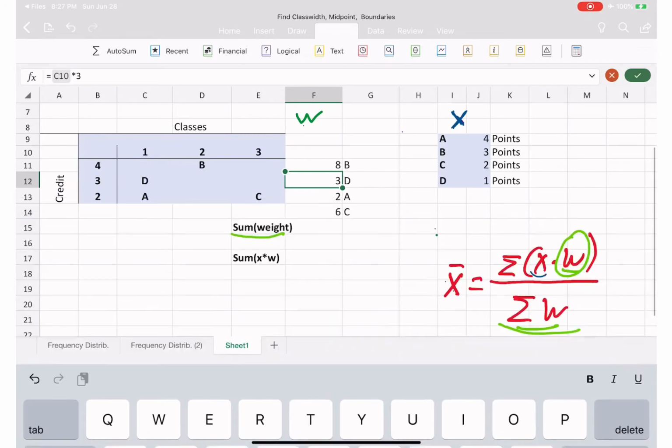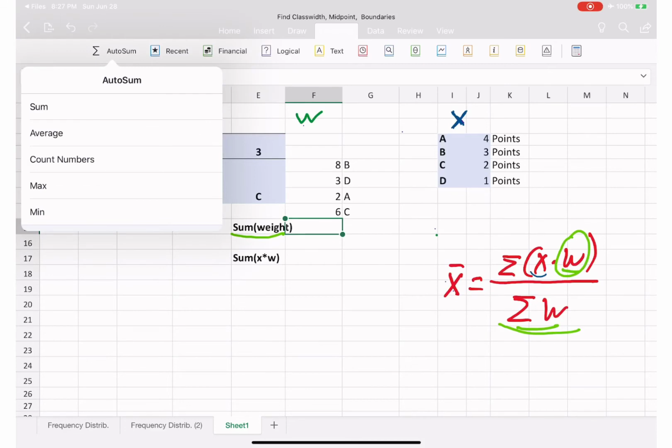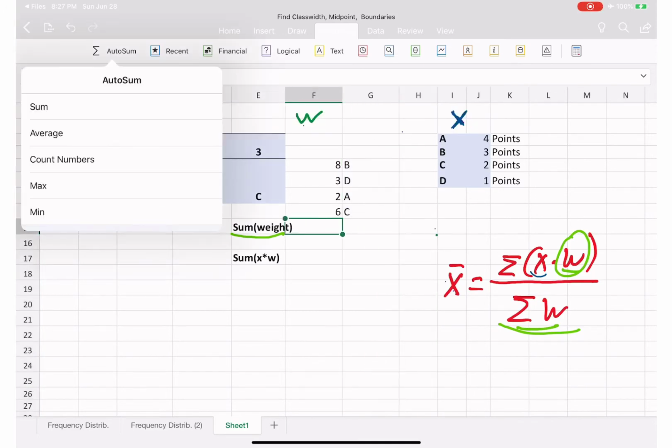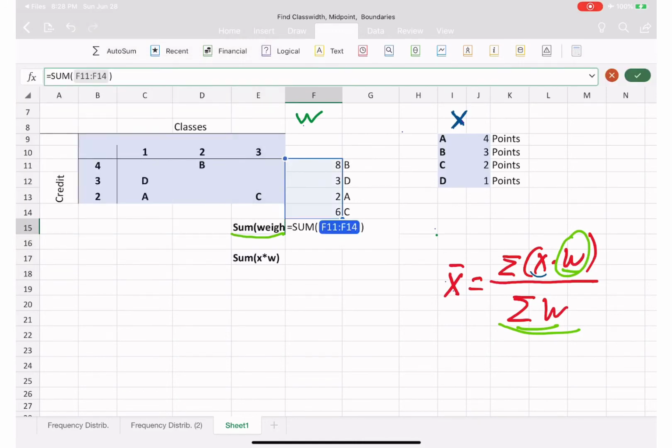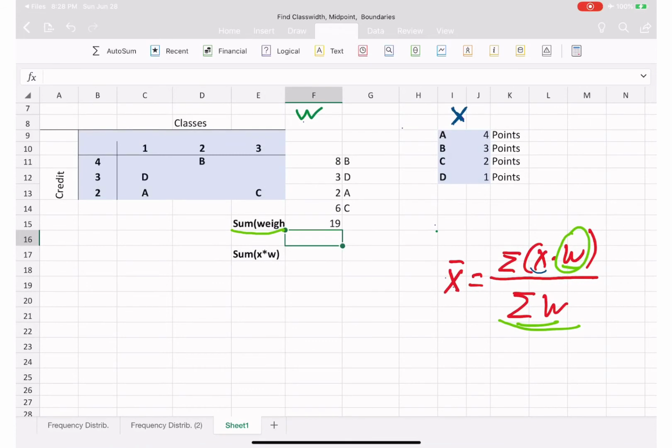Let me clean this. It's causing trouble. Okay, sum, there we go. Got it. There we go, 19. So we got sum for this weight. This is equal 19.